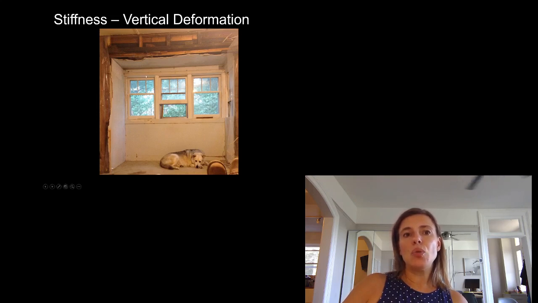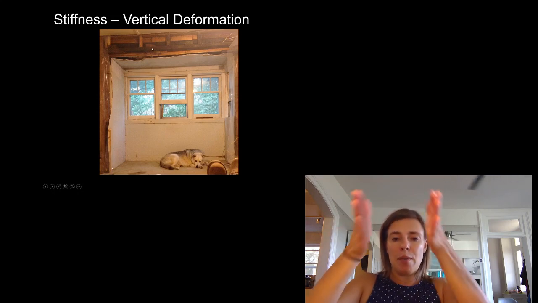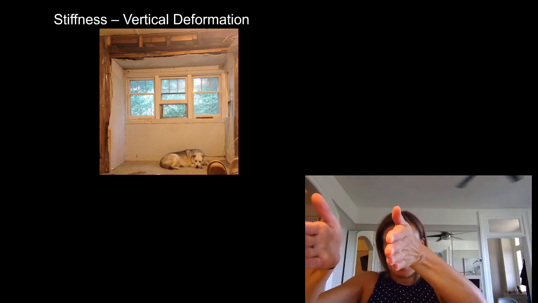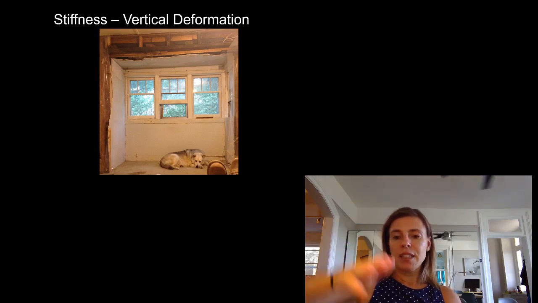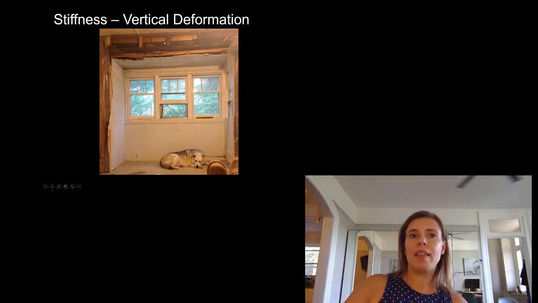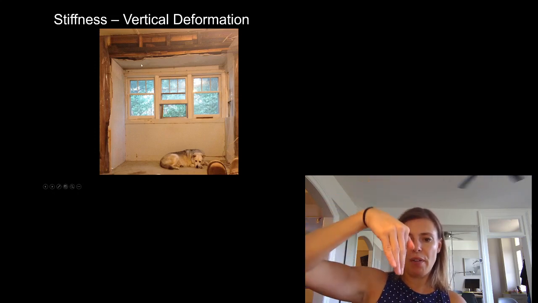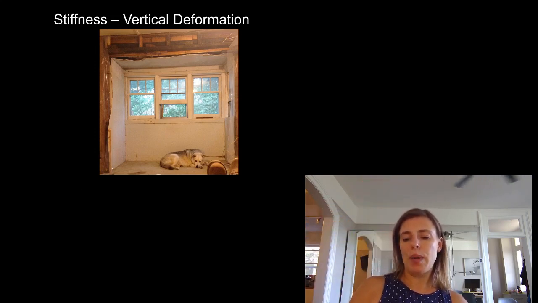When we came to do the renovation of our little office pod right here and took off the drywall, we saw that instead of a beam, which would have been a bunch of plies laminated together, it was one 2x4 on flat. So a fraction of the strength that it needed. Obviously, you can see that there is a massive amount of sag there, or vertical deformation. So we've got a very large movement happening there.